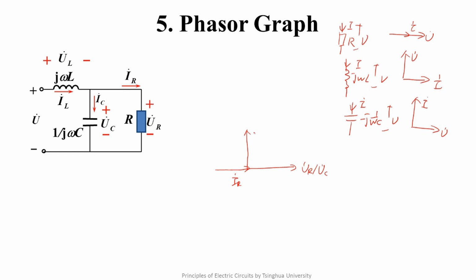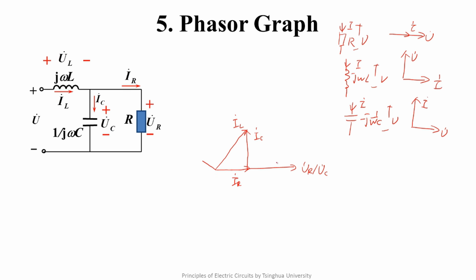We are not concerned about the length of the phasor. Then we know IL is in this direction. Now we discuss the direction of UL. UL leads IL by 90 degrees, so you may draw it here in this direction.